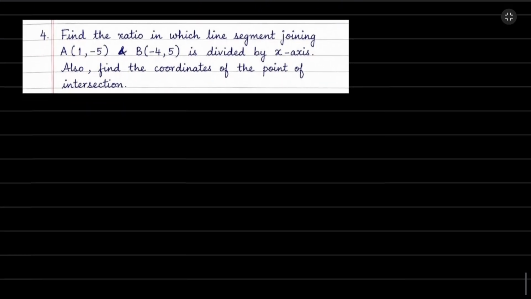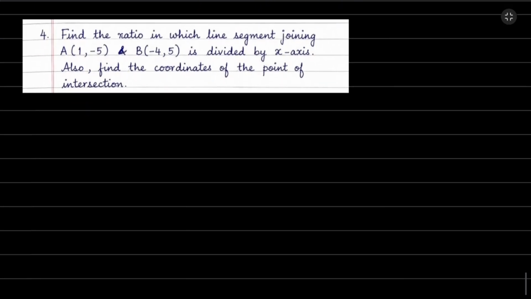Find the ratio in which the line segment joining A and B is divided by the x-axis. Also find the coordinates of the point of intersection. A very easy question. As you know, in your Cartesian plane, this horizontal line is your x-axis. This vertical line is your y-axis, right?